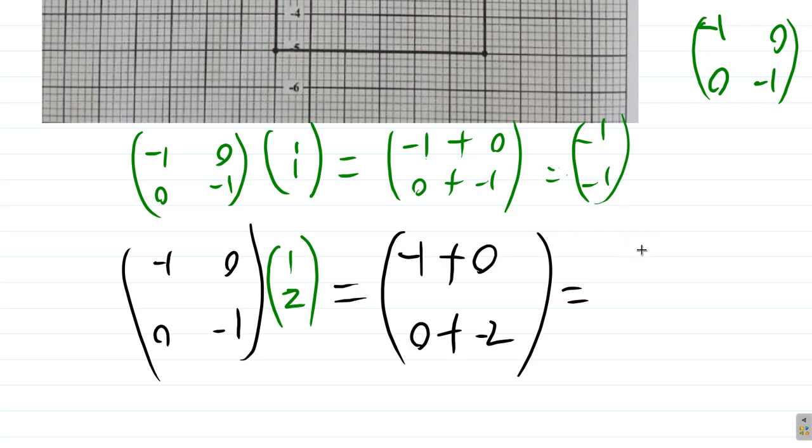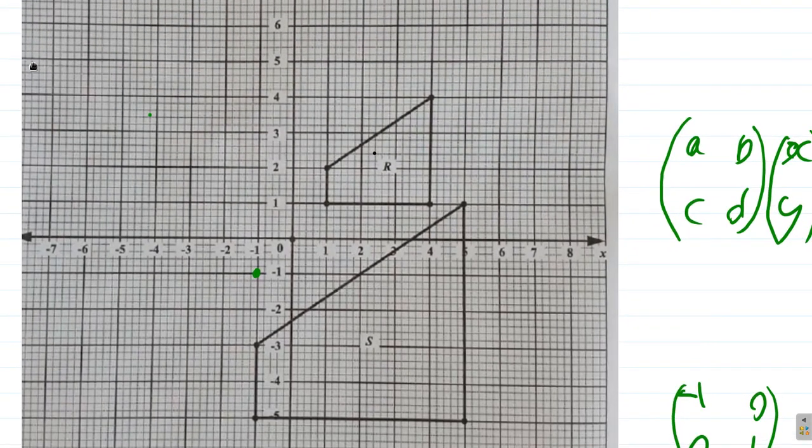Negative 1 plus 0 is negative 1. 0 plus negative 2 is negative 2. So negative 1, negative 2 is what you get. Going to end up negative 1, negative 2 right here. So this point, right, it would swing around to here.